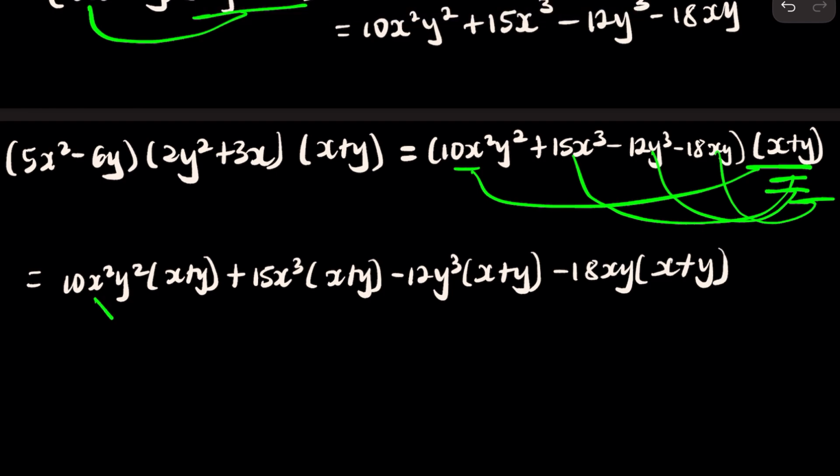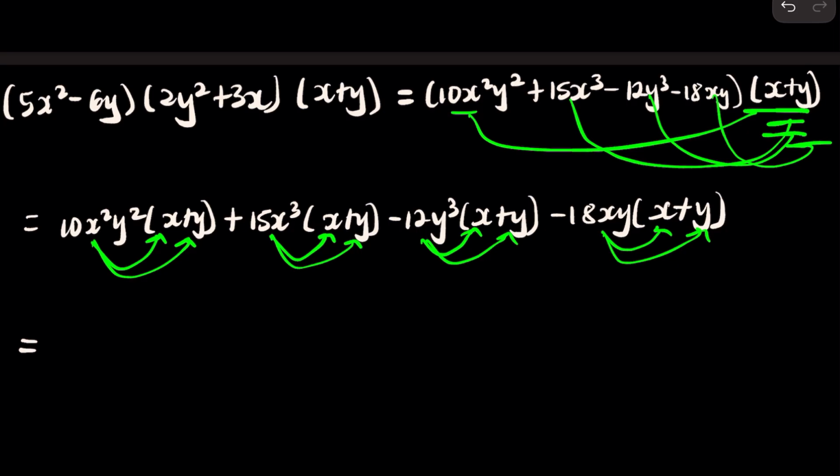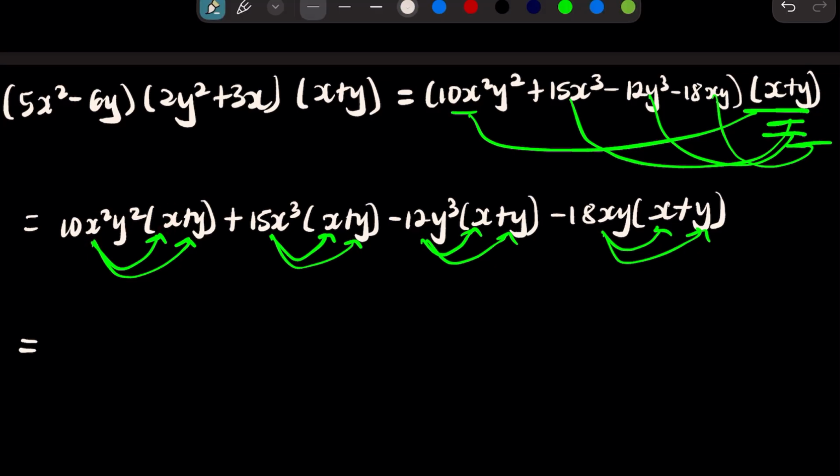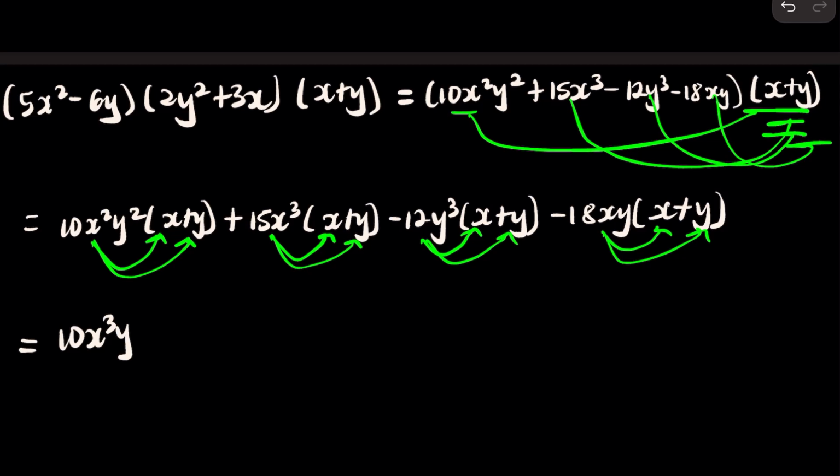And then from here, this will multiply this, also multiply this. Likewise, this will multiply that, this also multiply this. Similarly, this will multiply that, and this also multiply this, will multiply that, right? Thus, we are going to have 10x squared y squared multiplying x is going to be 10x cubed y squared, and also we are going to have 10x squared y cubed, then plus 15x cubed times x is going to give us 15x to the power 4.